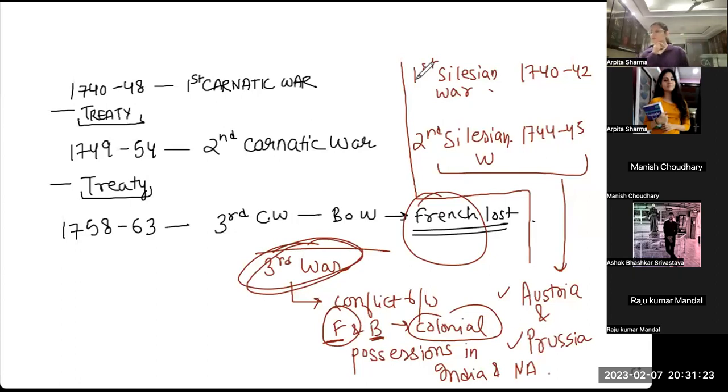Ishwar, Vikas, Raju, Amritansh, Ashok, Vatsalya, Manish. Everyone has written it down. All right, सबने लिख लिया?